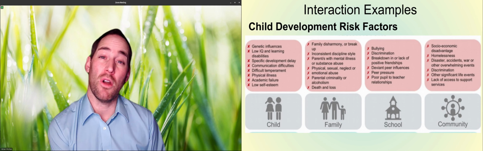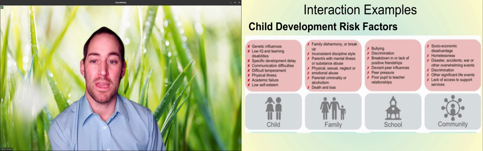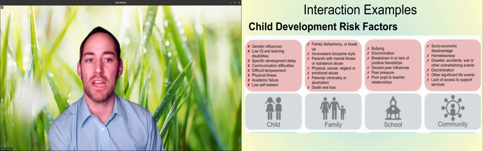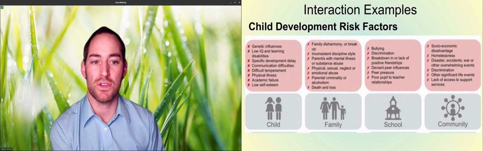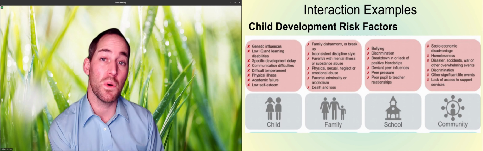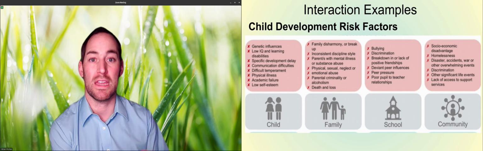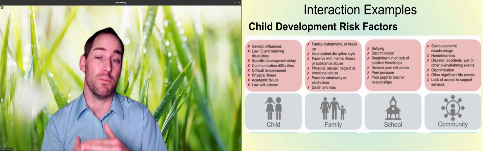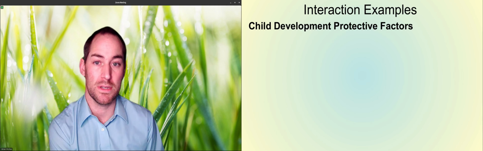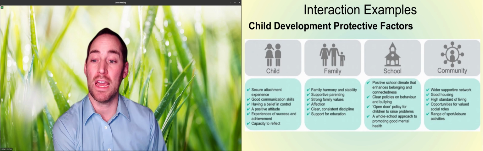That being said, there are also protective factors. Things that we can do like having secure attachments, having positive relationships, things that we can do in the school or in the community to protect from these risk factors, so they can interact in the opposite direction, pushing towards more positive outcomes. So here are some of those protective factors.